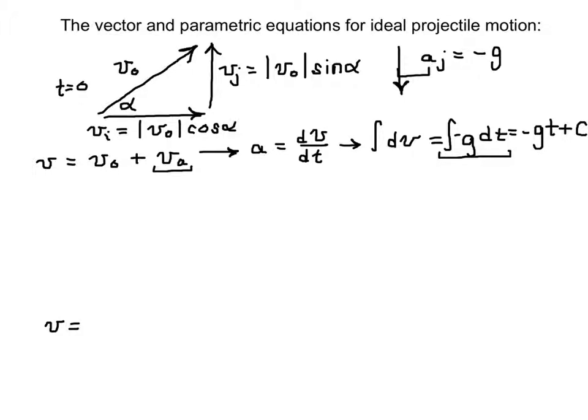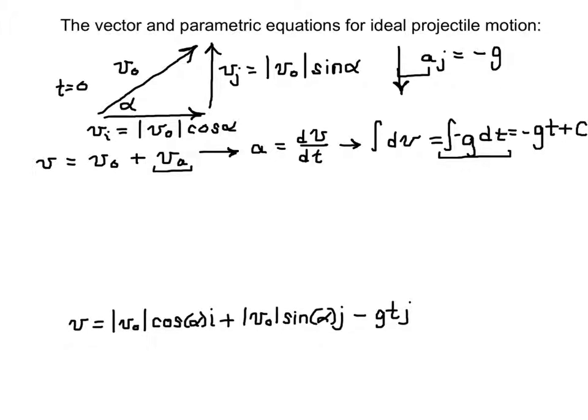We have our initial velocity, v naught, in the i direction is the absolute value of v naught times the cosine of alpha, plus the absolute value of v naught times the sine of alpha in the j direction, minus the acceleration due to gravity, which is gt in the j direction.